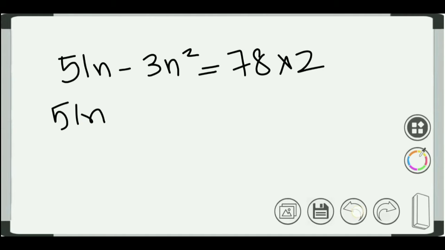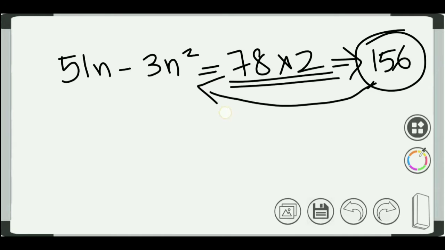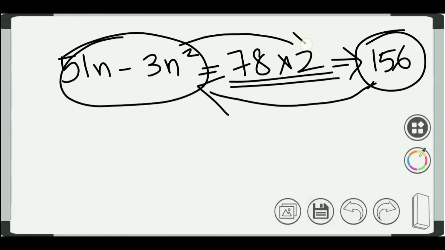So 51n minus 3n square. Now tell me, what is 78 into 2? 156. Yes. So I am taking 156 this side and the whole of this side. So what happens? Sign changes.